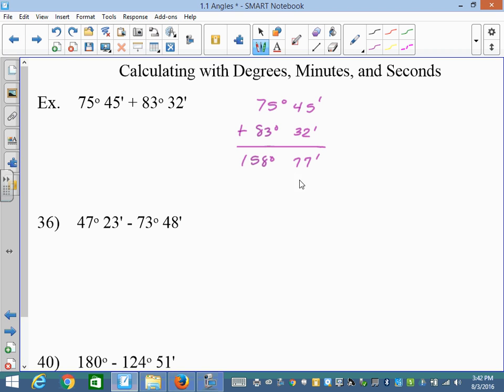The problem here is that you have more than 60 minutes, which is more than 1 degree. Remember, 60 minutes equals 1 degree. So we have to subtract 60 minutes off of this guy and then move him over here.